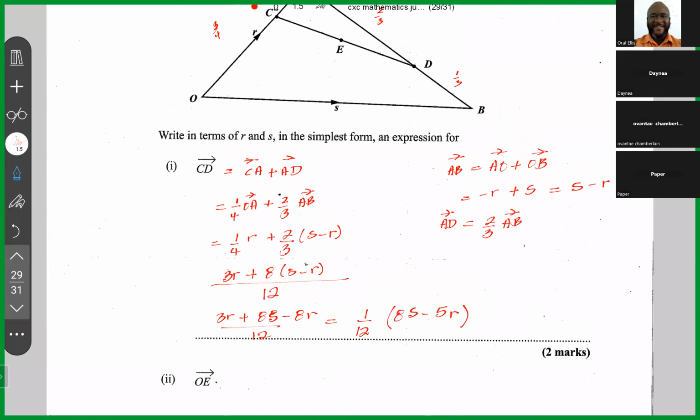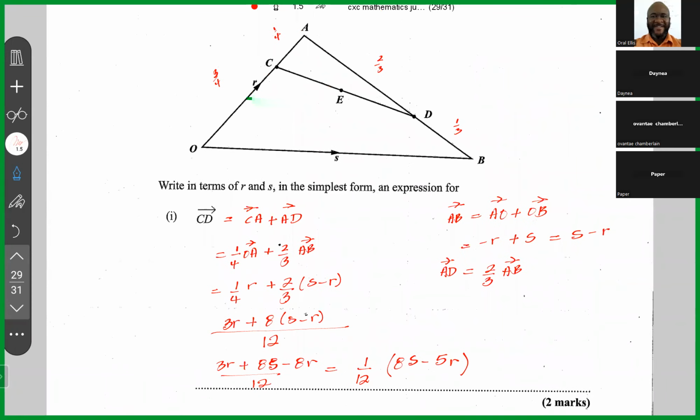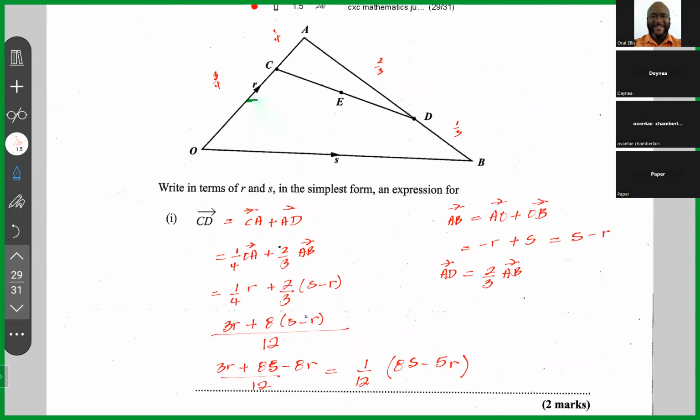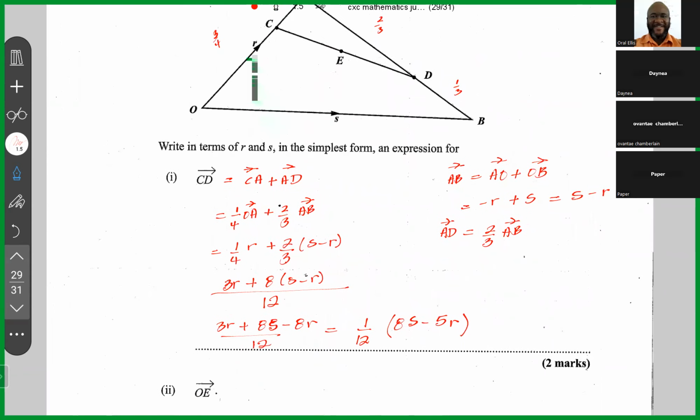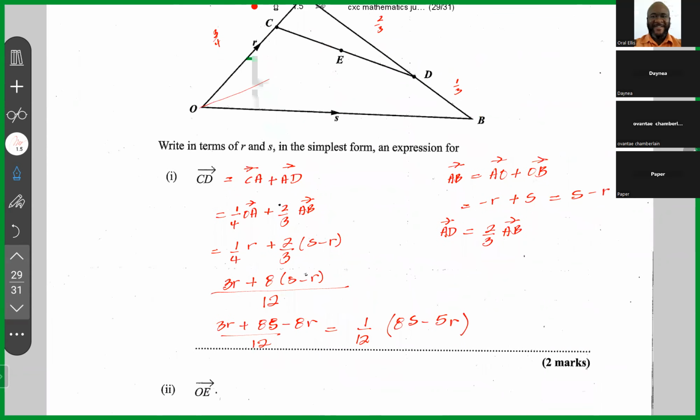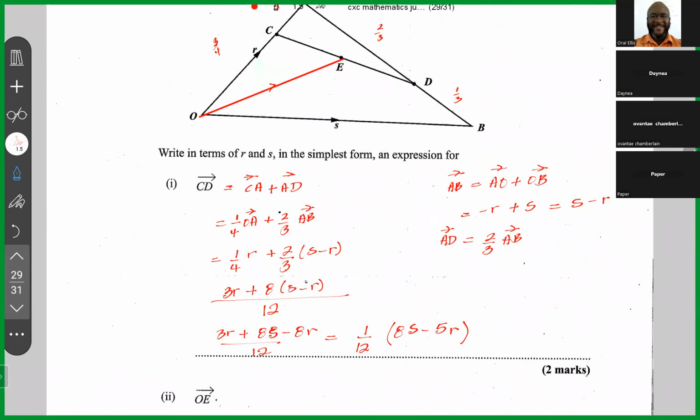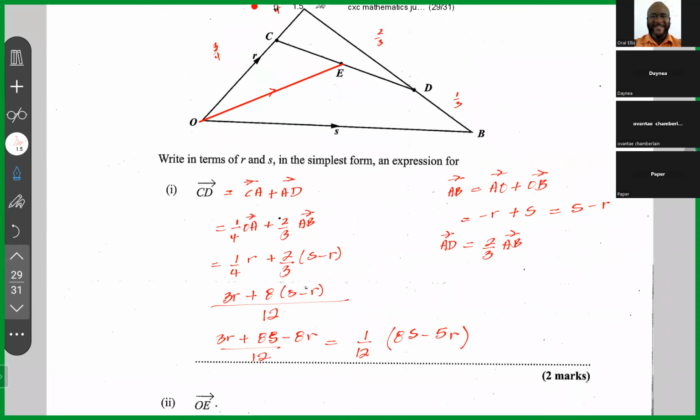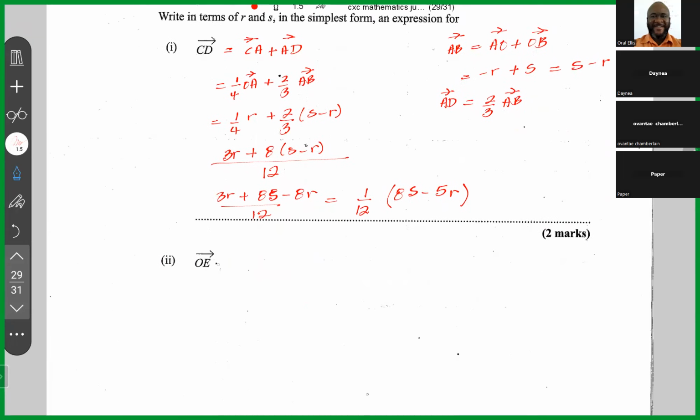We're asked for OE. All right, OE is this vector here. Now, using the triangle of vectors, OE is equal to OC plus CE.